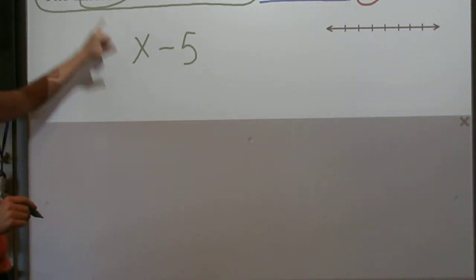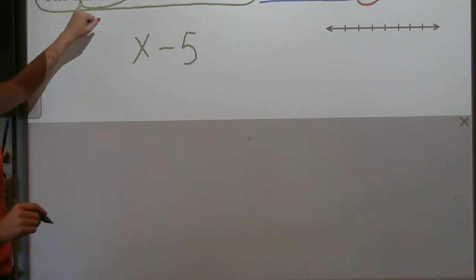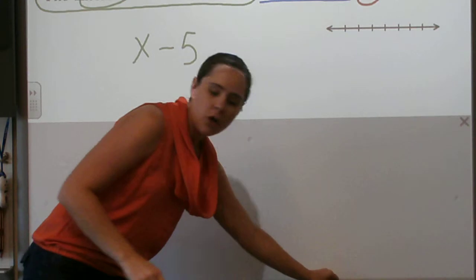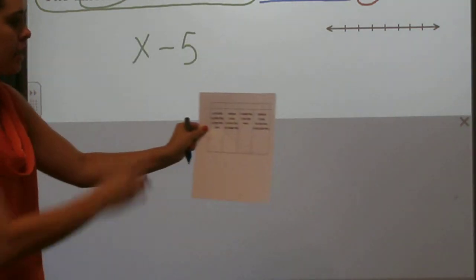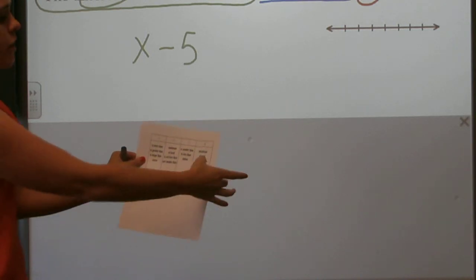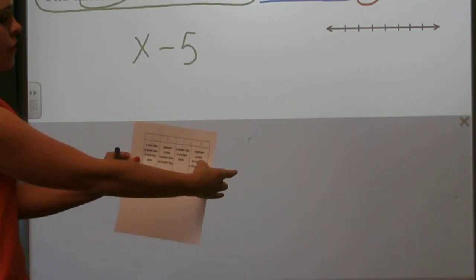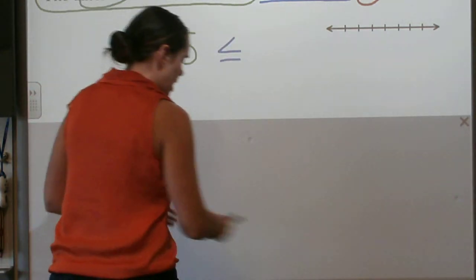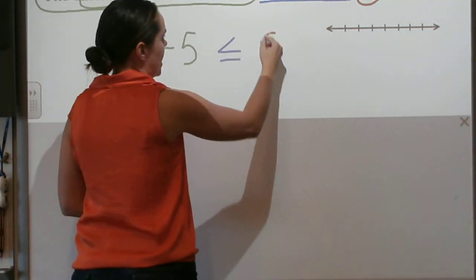So we're taking 5 away from x. That's the difference. We're subtracting. All right? Is no more than. So I am going to pull out my chart, and I'm going to find no more than. The no more than is in the less than or equal to column. So less than or equal to. And then my final expression was just 8.